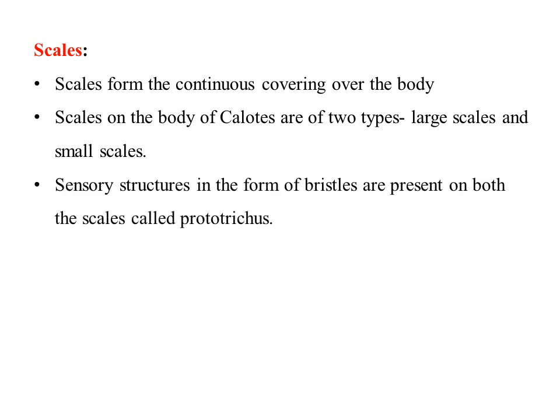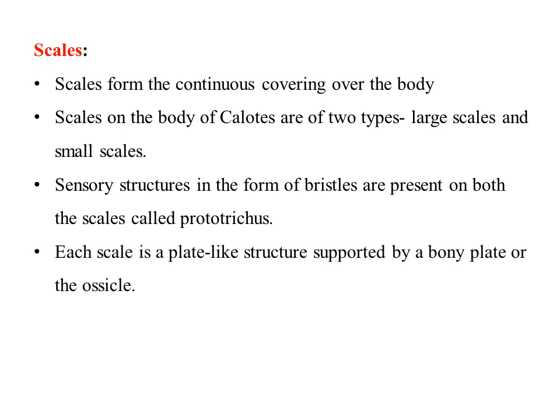Sensory structures in the form of bristles are also present on both the larger scales and the smaller scales. The bristles are called the prototrichus. And each scale is a plate-like structure which is supported by a bony plate or the ossicles. So the scales are supported by the ossicles.